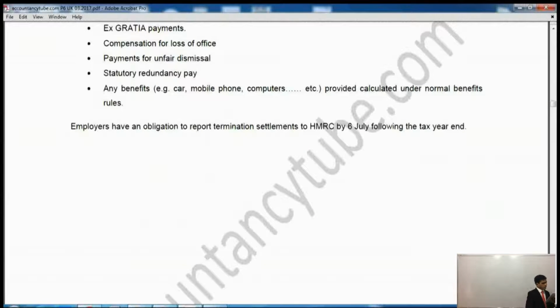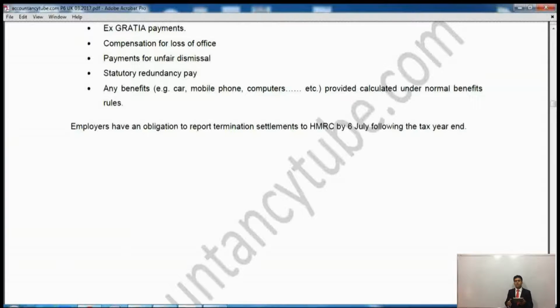Next one is compensation for loss of office. If I go out of this company, if I lose my job, then any payment given is partially exempt as well. Payment for unfair dismissal: if I am dismissed unfairly, then any payment I get will be partially exempt. Statutory redundancy pay: if I have been made redundant, if I have been kicked out of the company, or if my contract is finished, and the redundancy is statutory, then there is statutory redundancy pay.